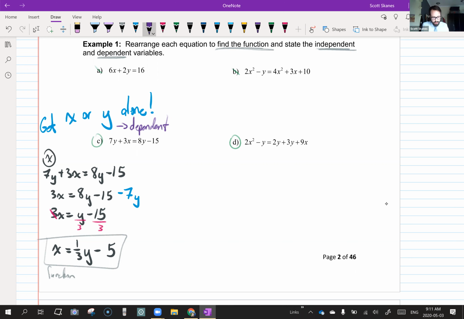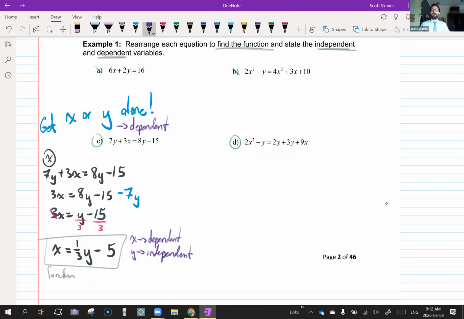So in this case here for C, which one is the independent and which one is the dependent? What is X here and what is Y? Anybody have any ideas? X is the dependent because it depends on the Y. Y is the independent because we can put whatever we want in there.